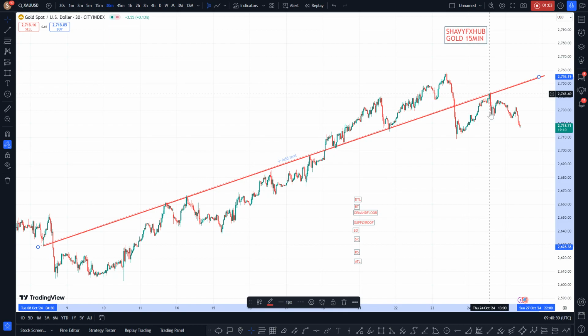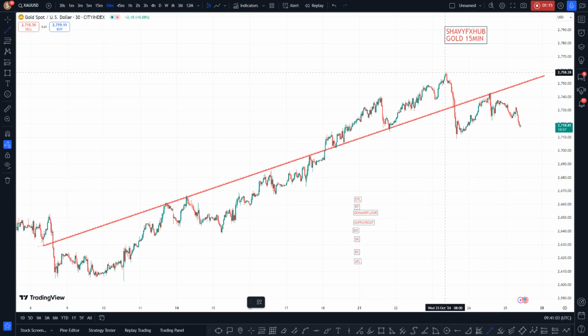Did you see that? After a breakout from a psychological trend line, price came and retested and left. And if we want to get our trend line intact, to picture this, you will see what it has done.